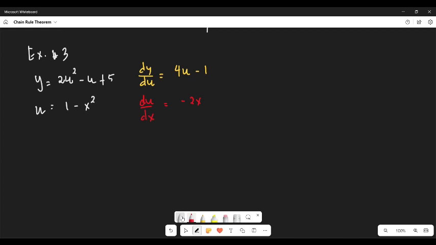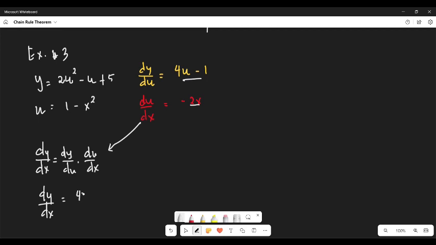Writing the formula for the chain rule theorem, we have dy/dx equal to dy/du multiplied by du/dx. Now substitute the values: we have 4u minus 1 and negative 2x. So dy/dx is equal to (4u minus 1) times negative 2x.